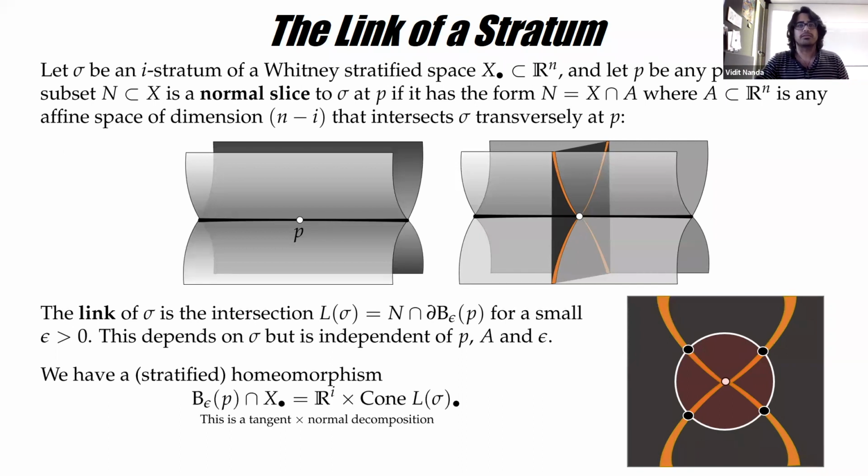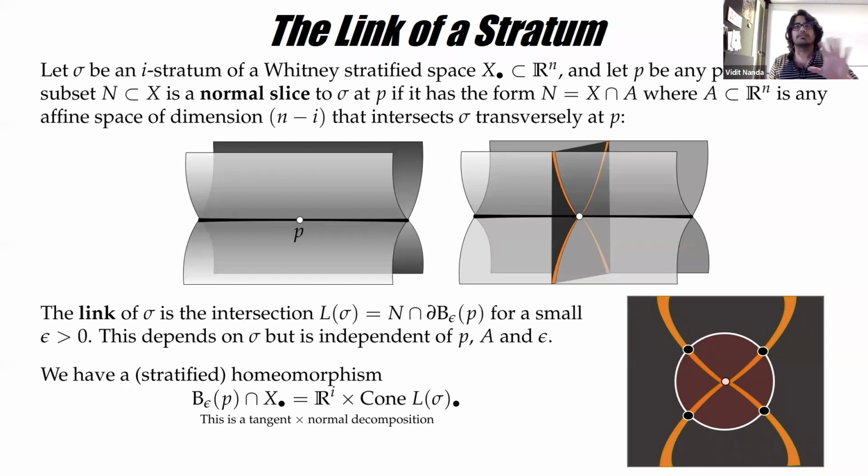Okay, so it is a theorem that you have a stratified homeomorphism. So forget stratified for a second, but a tiny neighborhood around the point P in this ambient R^n intersects this filtered space X in R^i, where i is the dimension of sigma, the stratum containing P, cross the cone on the link.